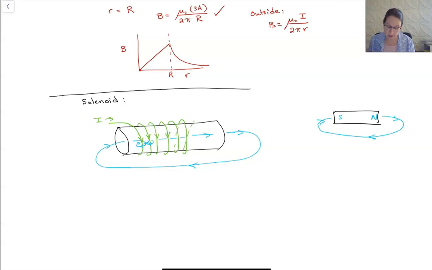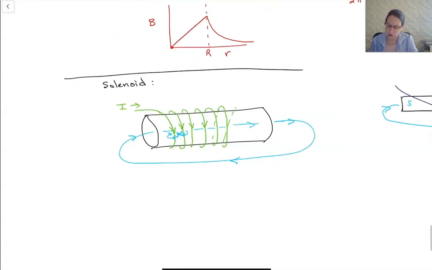It's not big wires like this, but it's made up of little tiny current loops that are lined up, and those current loops actually have to do with the spin of unpaired electrons inside the material. Okay, so that's just an aside. This looks like this setup, but we don't know the current in that setup, so we're not going to focus on that anymore. We're really going to just look at the solenoid.